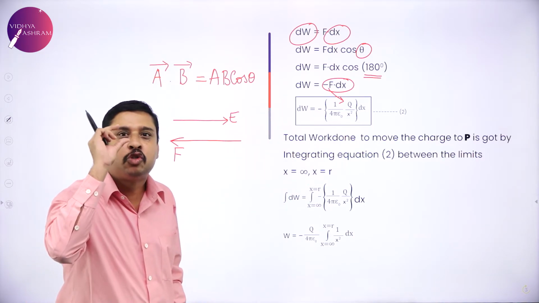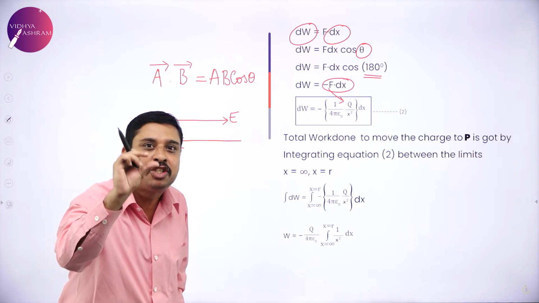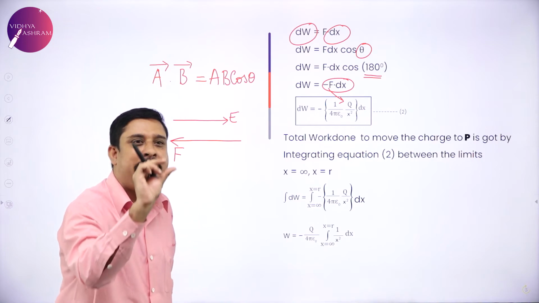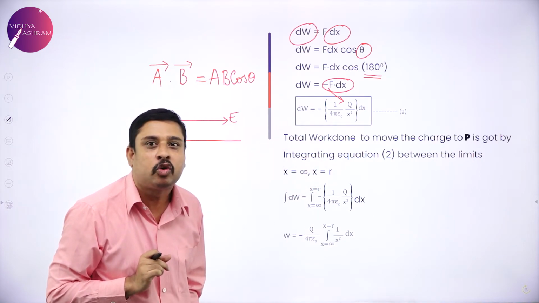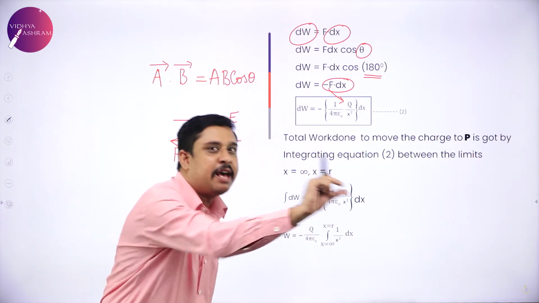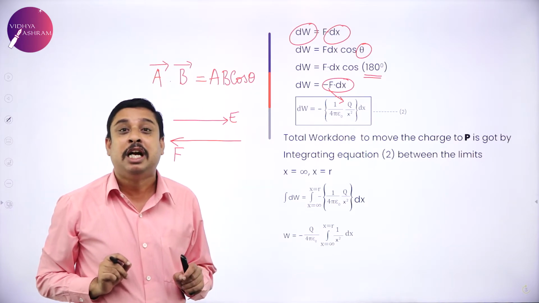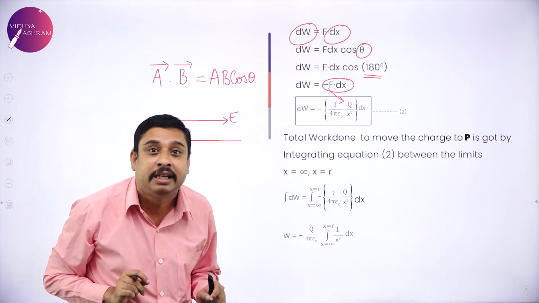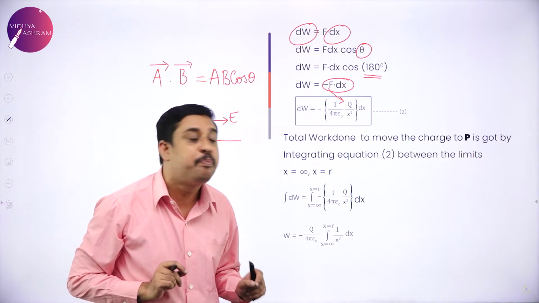dW is the small amount of work to move the charge from A to B. To go a little further ahead from B, again a small amount of work dW. Again from B to somewhere, dW. How will I calculate the total work done to move the charge to the point P?